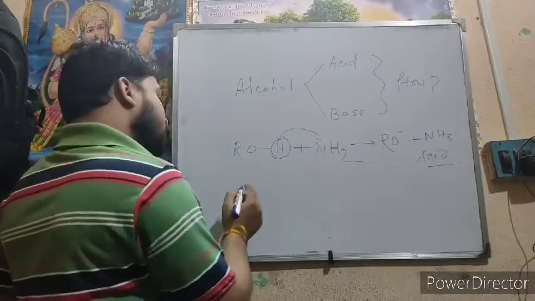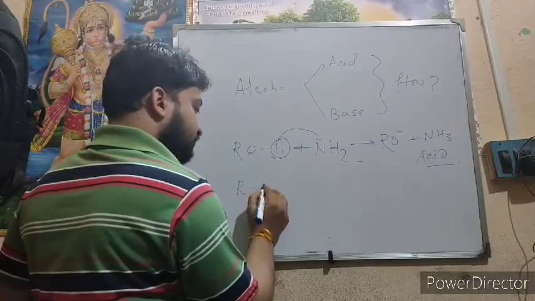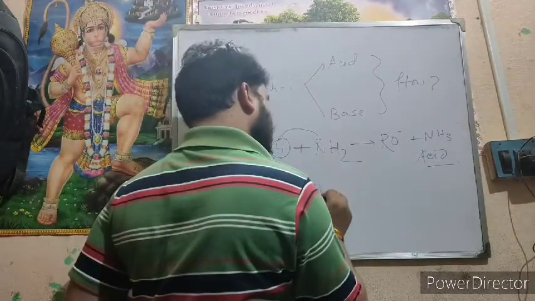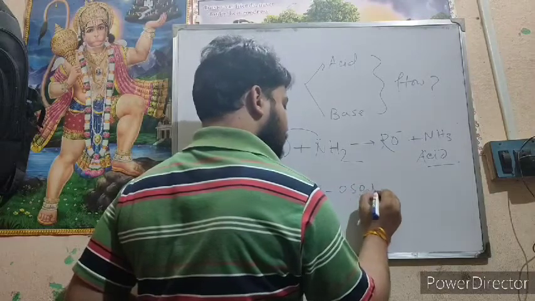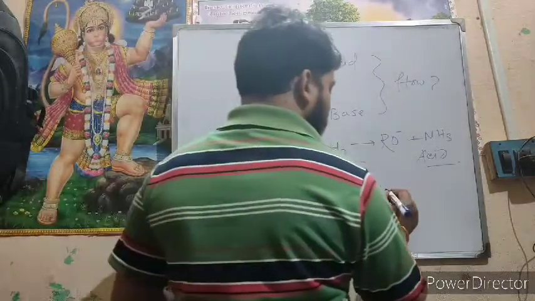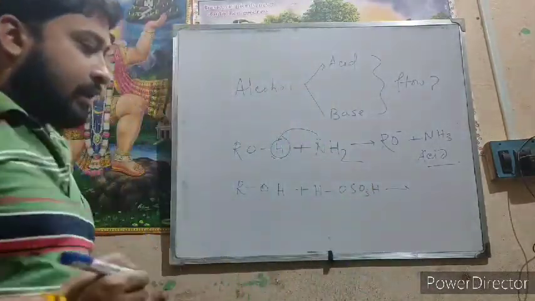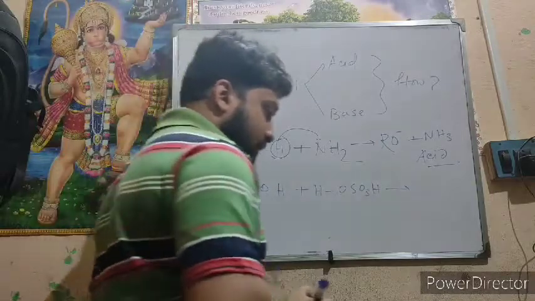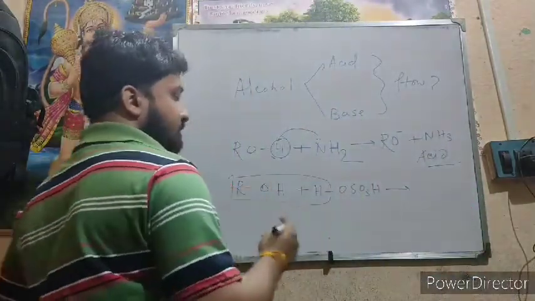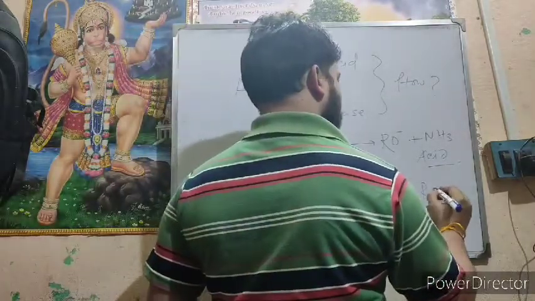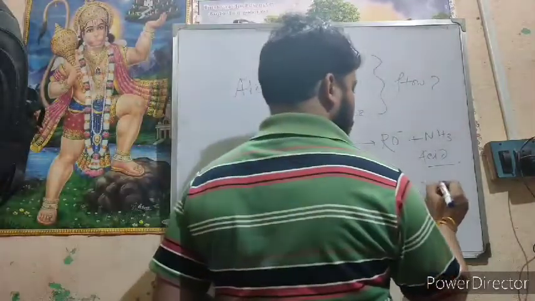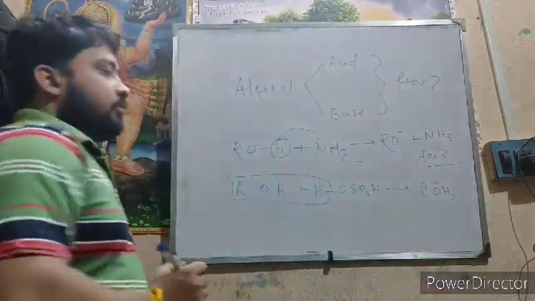Now the next: ROH reacts with H2SO4. It accepts the H plus, so it forms ROH2 plus and HSO4 minus.